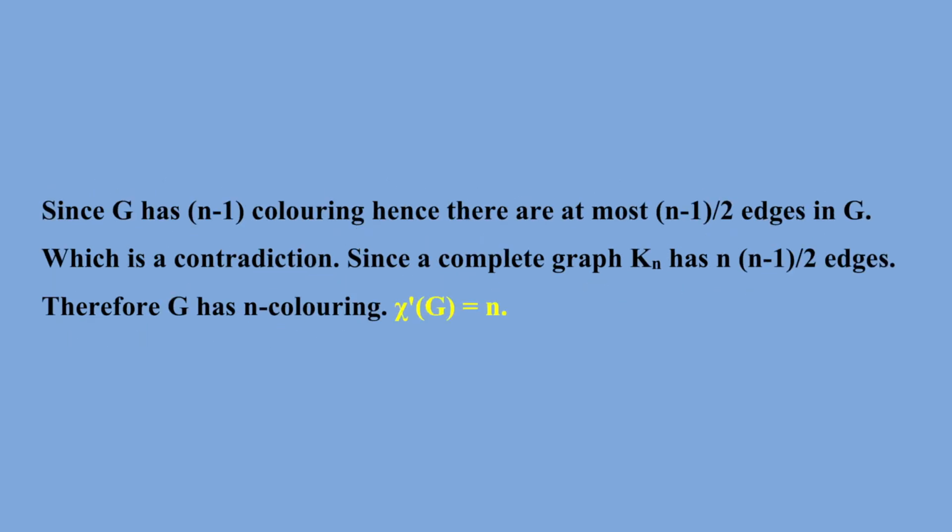Since G has an n minus 1 coloring, there are at most n minus 1 by 2 edges in G. That is a contradiction, since a complete graph Kn has n into n minus 1 divided by 2 edges. Therefore G has an n coloring and chi dash of G is equal to n.